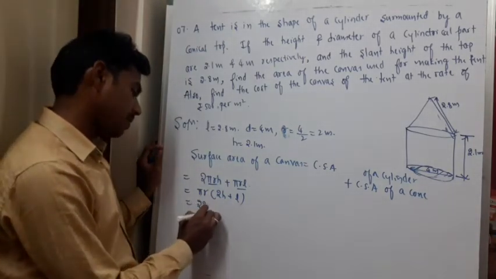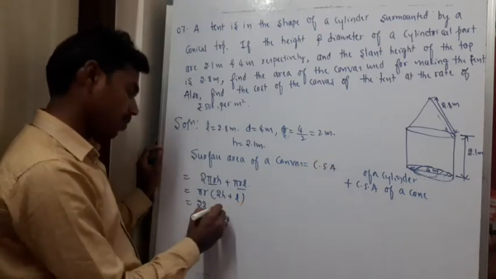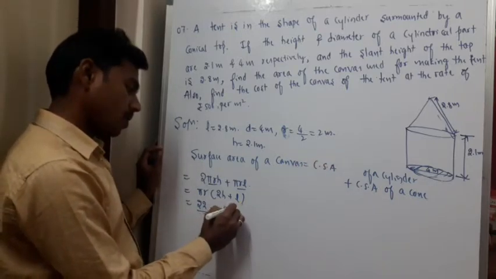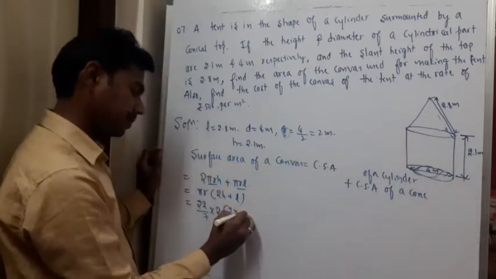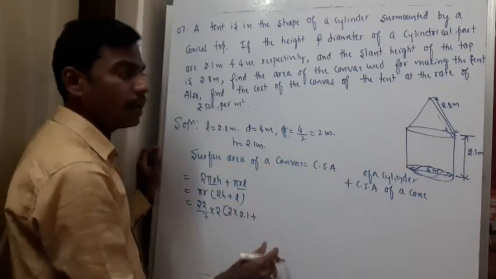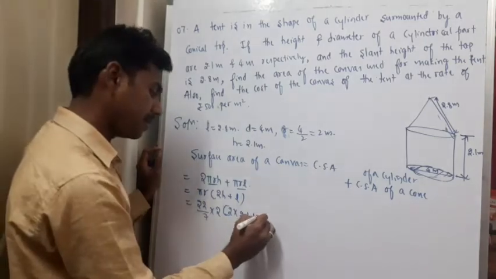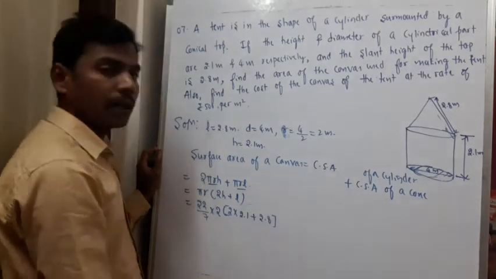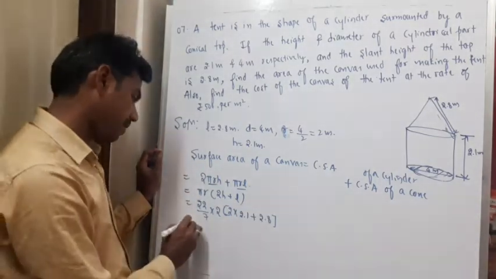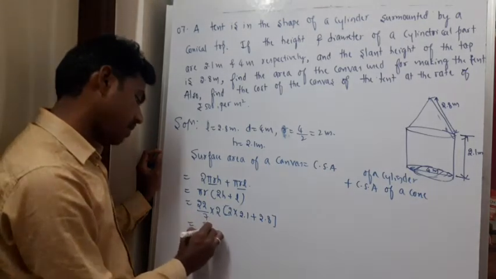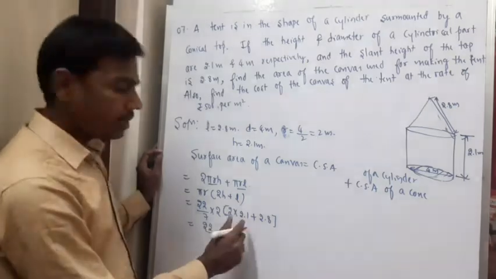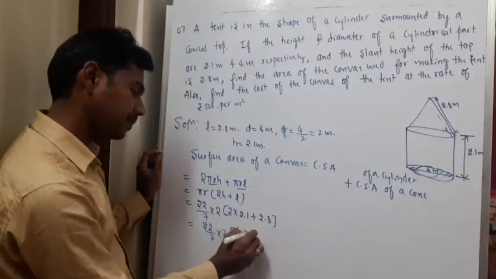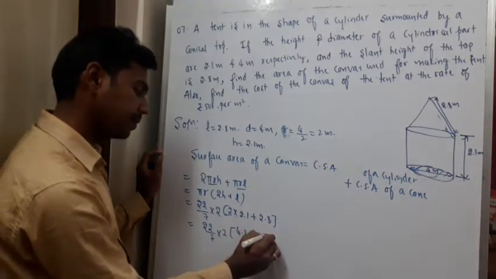22 by 7. What is R here? R is 2. H is 2.1. What is L? L is 2.8. So 22 by 7 into 2 into, 2 into 2.1 is nothing but 4.2, plus 2.8.